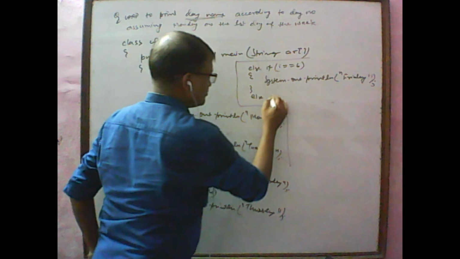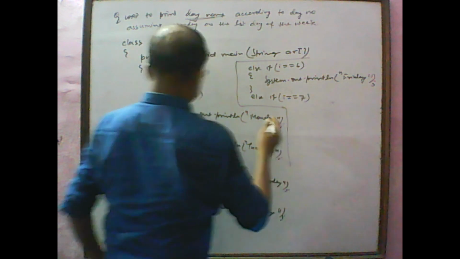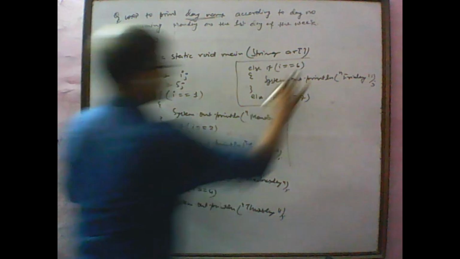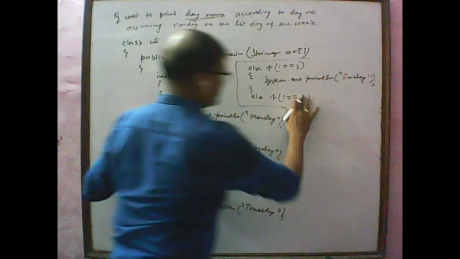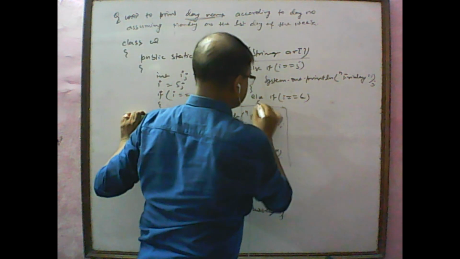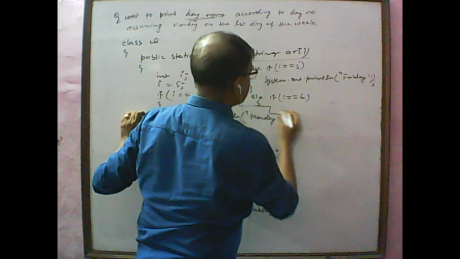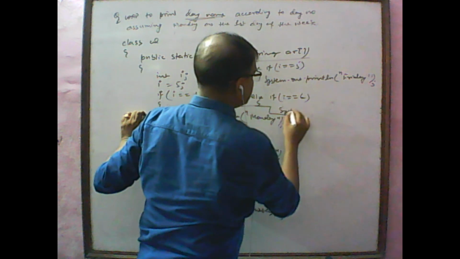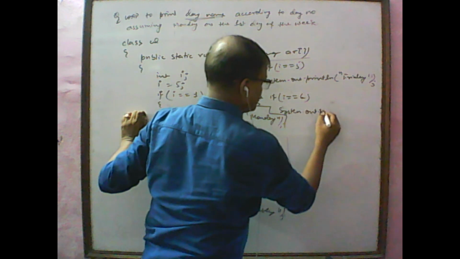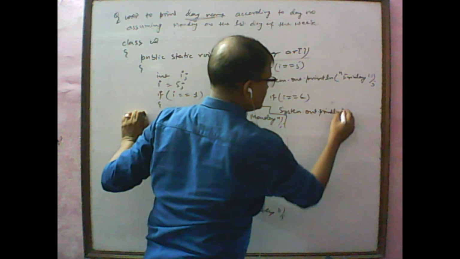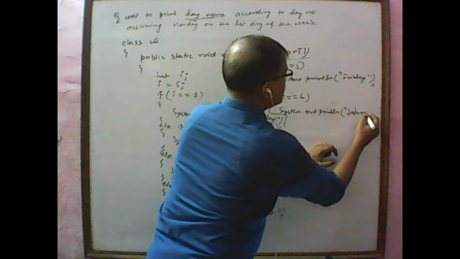Else if I equal to 6, System.out.println Saturday.